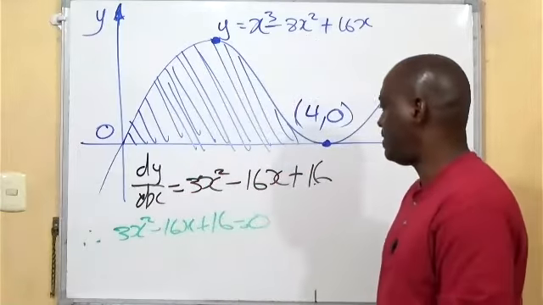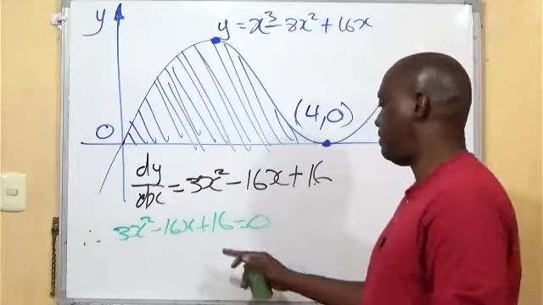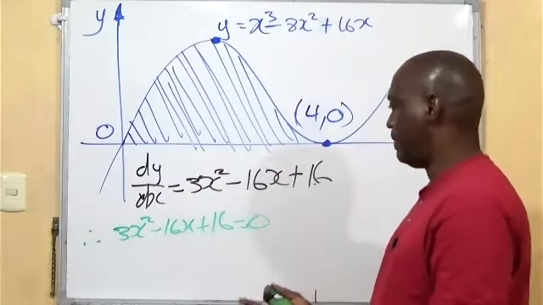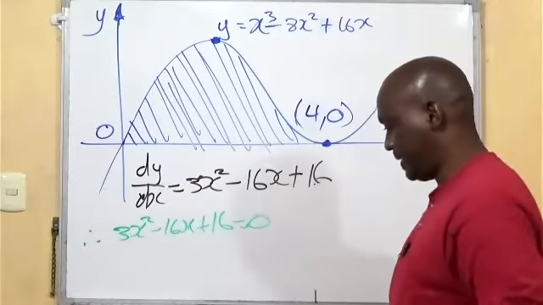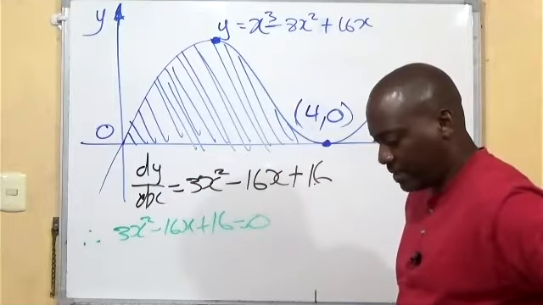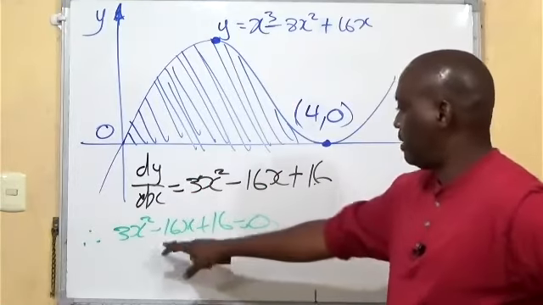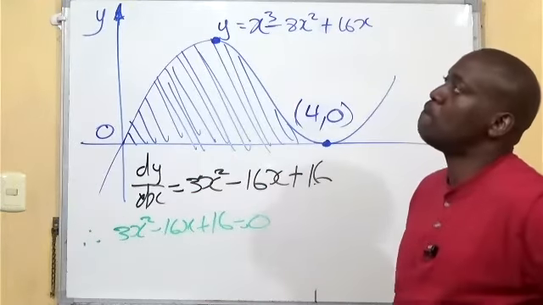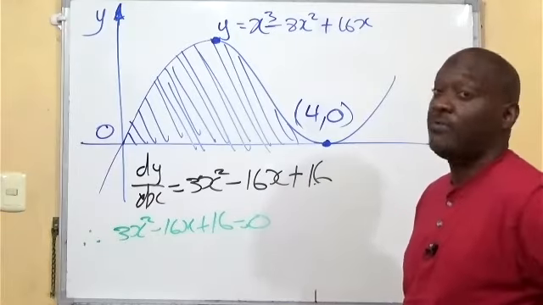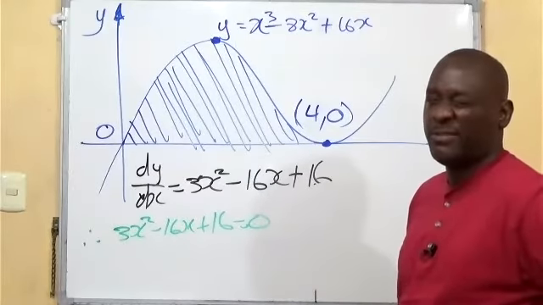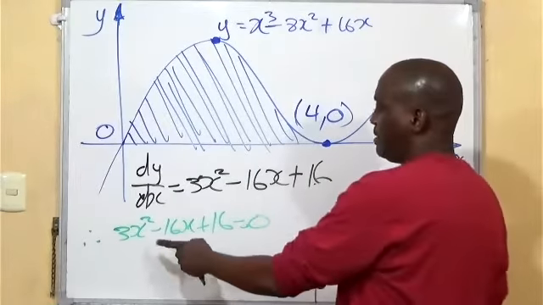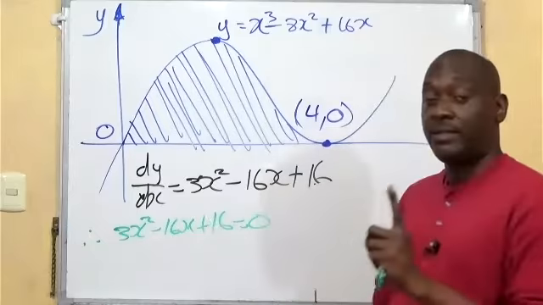So let me see now. 3 by 16 is 48. So we want 2 factors of 48 that will give us minus 16. We see minus 12 and minus 4. Minus 12 minus 4 is minus 16.